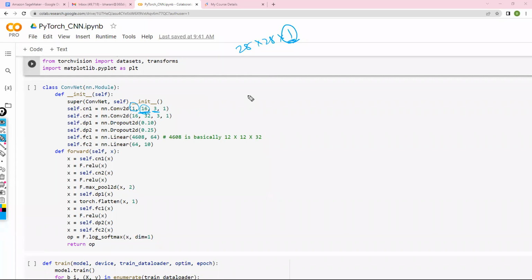That means this particular convolution layer is trying to capture 16 different kinds of information from the image. Each of those 16 filters would give you some interesting output, right?